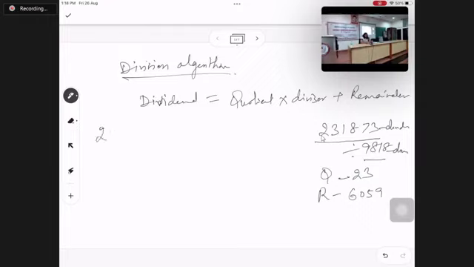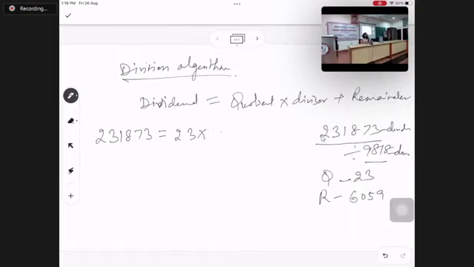So it is 231,873 is equal to quotient. Quotient is 23 into divisor 918 plus the remainder 6,059. And we find the Bijang of each. I just explained you the Bijang. So we have 8 plus 1, 9, 7 plus 2, 9.